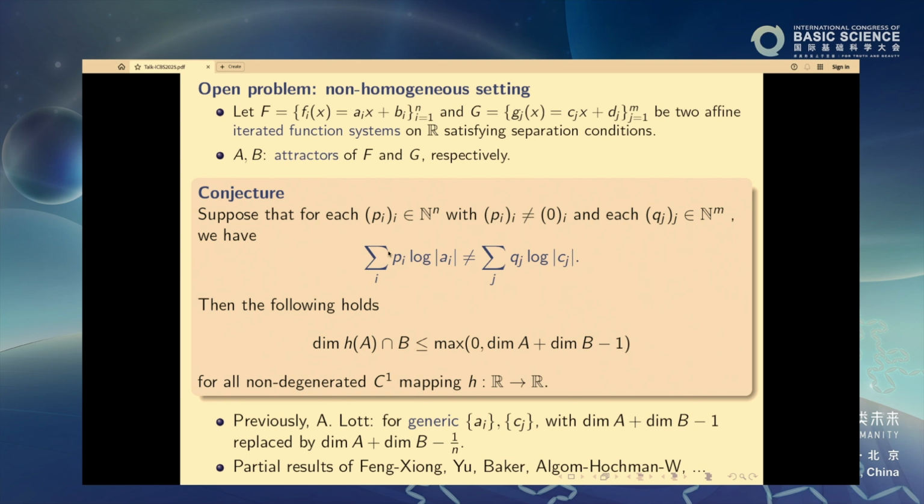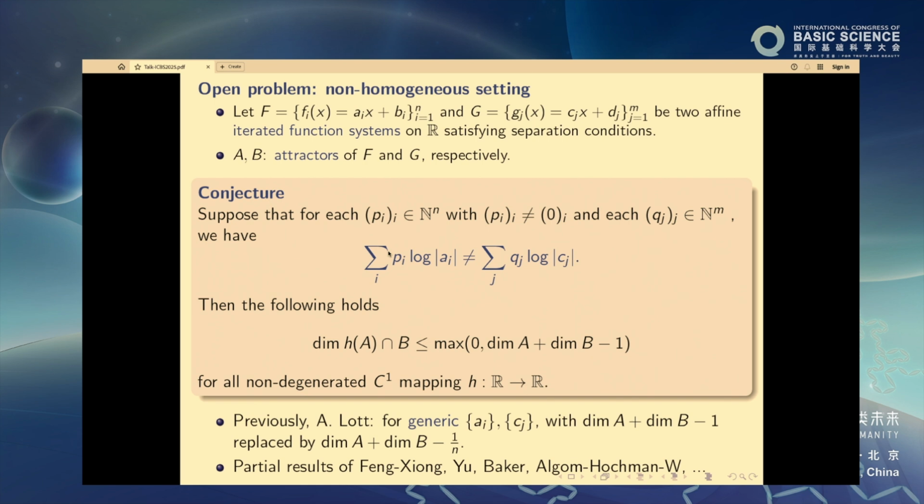For example, times 2 invariant sets correspond to the case when a_i is 1/2, and times 3 invariant sets to the case when c_j is 1/3.